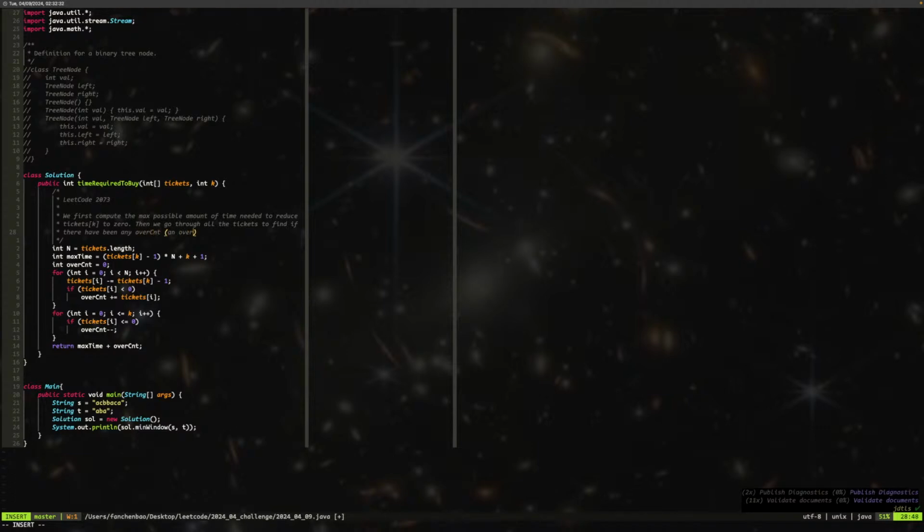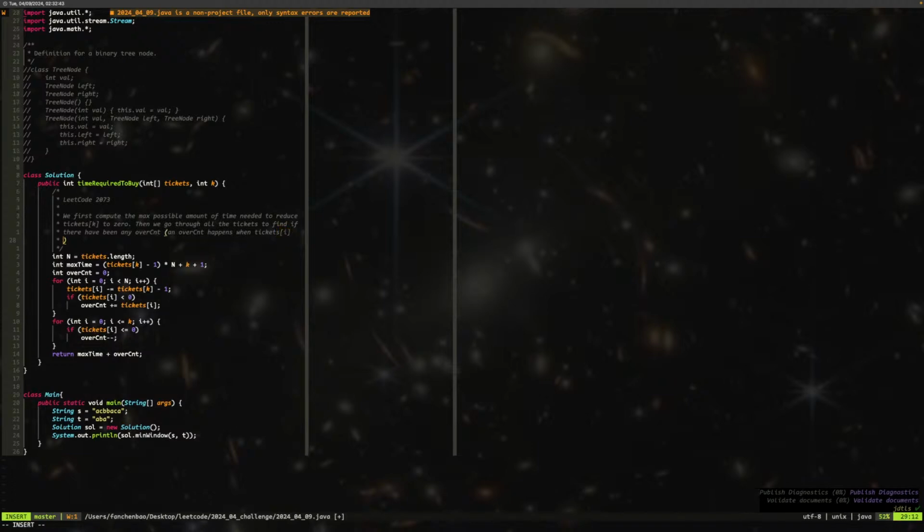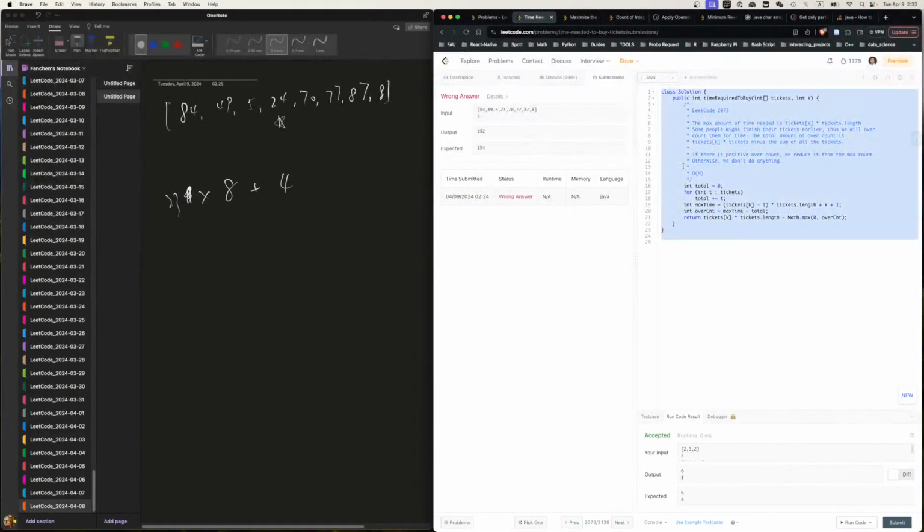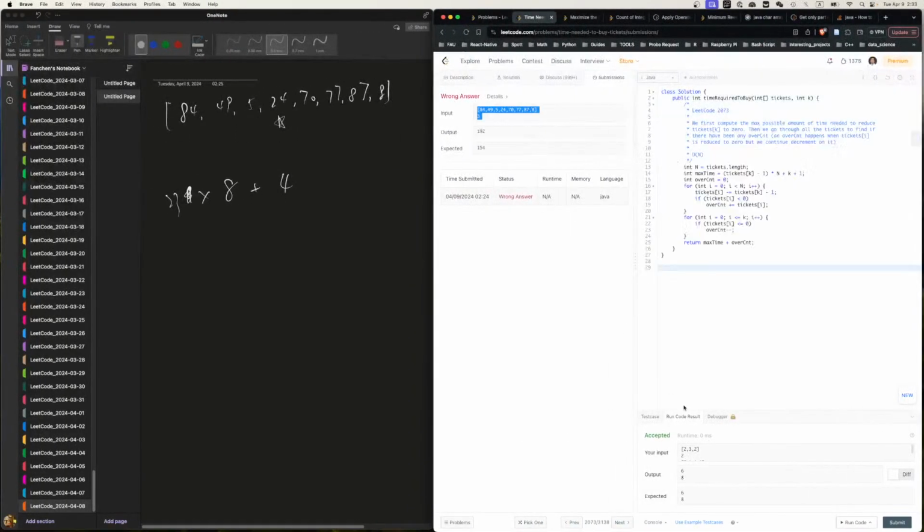And overcount happens when tickets i is reduced to 0, but we continue to decrement it. All right, so let's run this. Arguably a lot more reasonable than the last one.